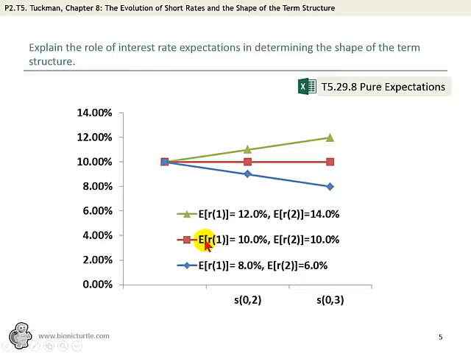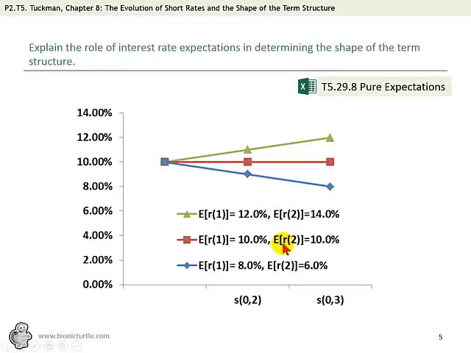Let's say the consensus expectation is that in 1 year, the 1-year rate is going to be 10%, like it is in all cases. We're starting with a 1-year spot rate of 10%, and the market has a consensus that next year it's going to be unchanged at 10%, again a 1-year rate.